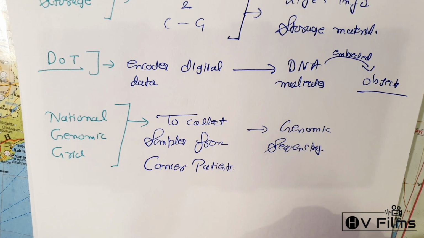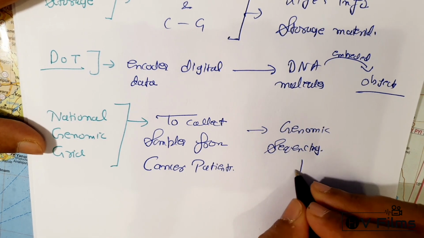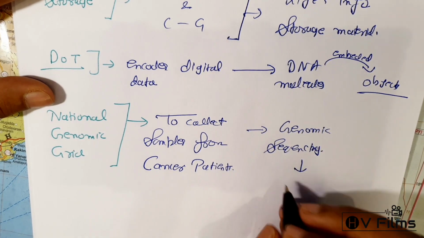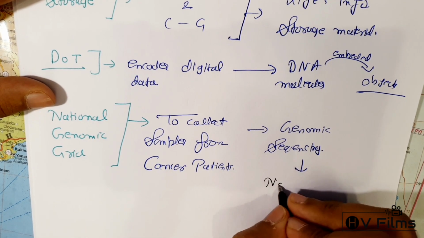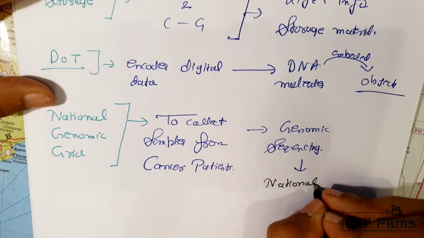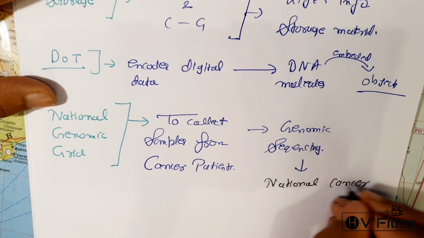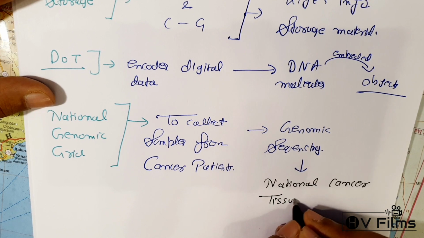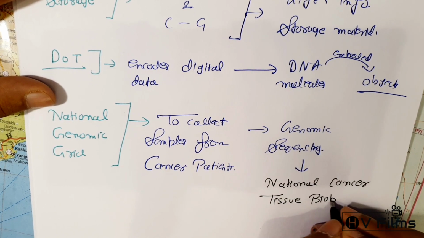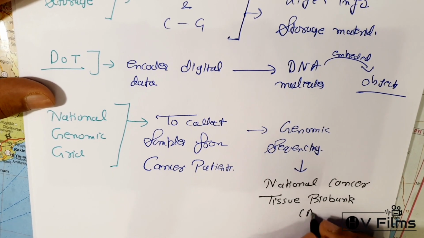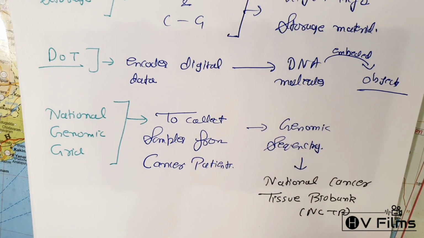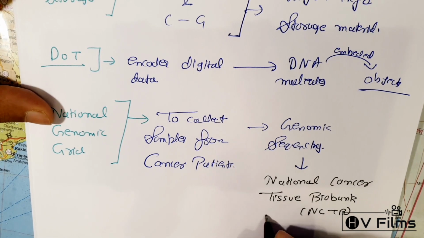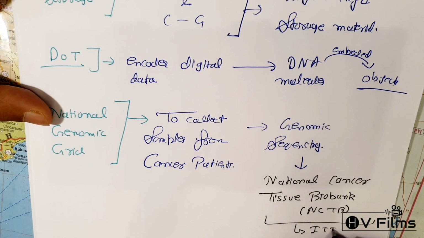The grid is also to be formed in line with the National Cancer Tissue Biobank, which is also on the roadmap of the NGG. So it is the National Cancer Tissue Biobank, what we call the NCTB, and it will be set up at the Indian Institute of Technology Madras, IIT Madras.